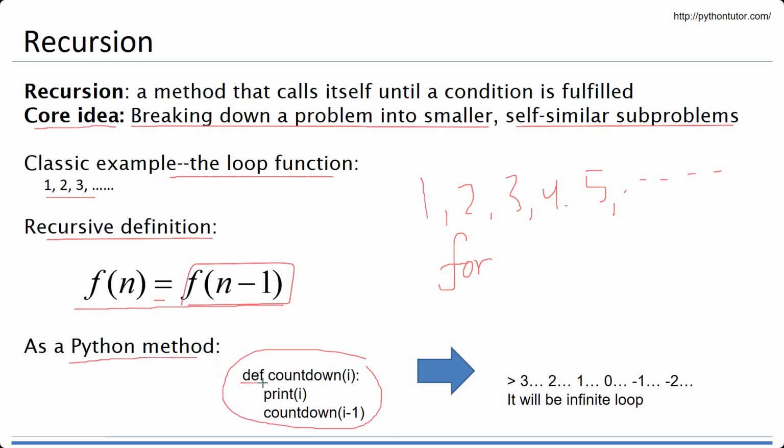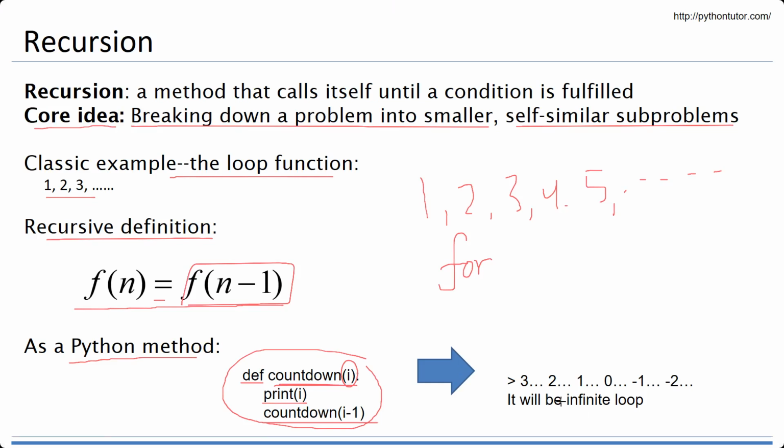We have def, which indicates the function, and then the function name is countdown. And then we have one parameter, and once we enter the statement, we will print i, and then we will do countdown of i minus 1. So this is a kind of repetition.